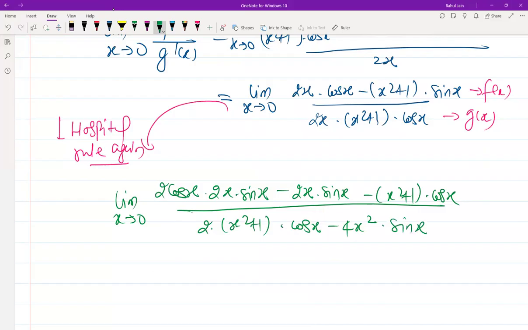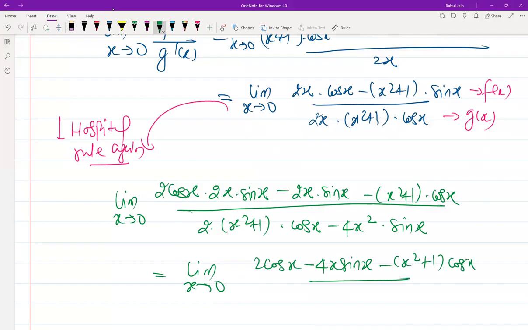Fine. And if I compute it, limit x tends to 0 of 2 cos x minus 4x into sin x, just L'Hospital rule, nothing else, minus (x square plus 1) into cos x, divided by 2 cos x minus 4x square into sin x.